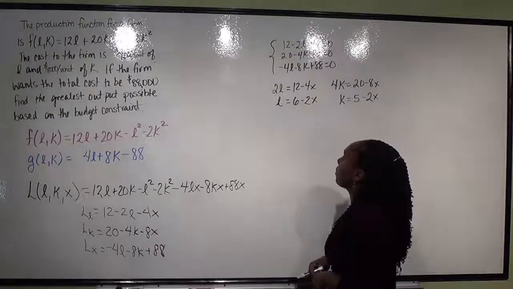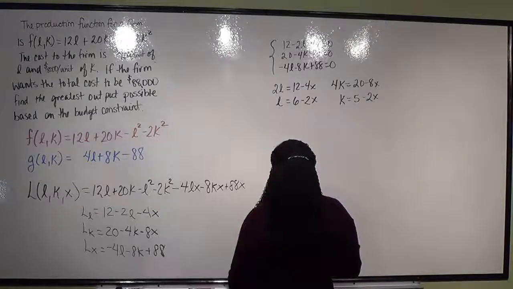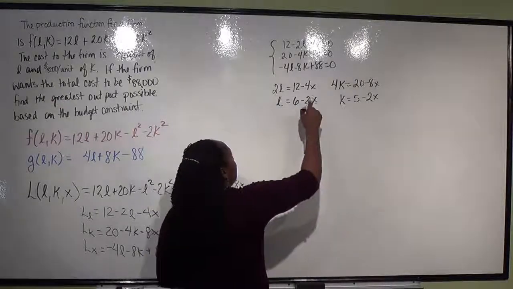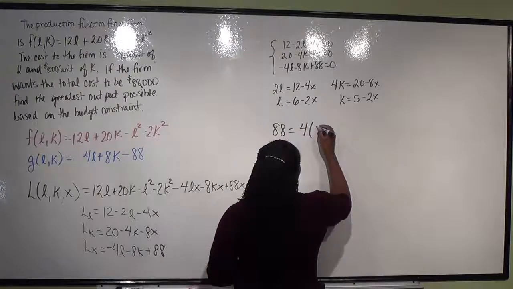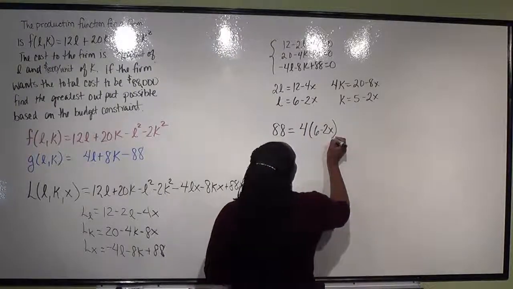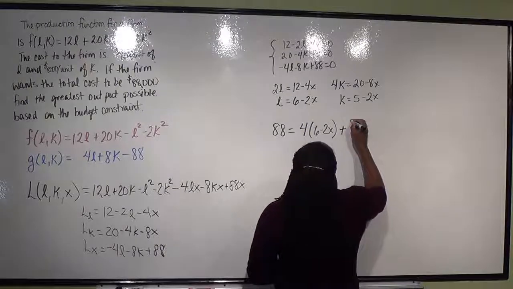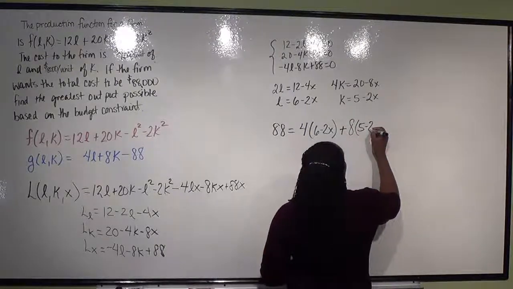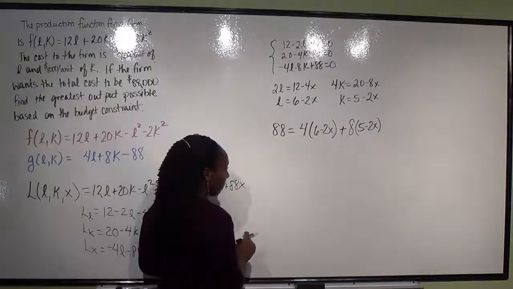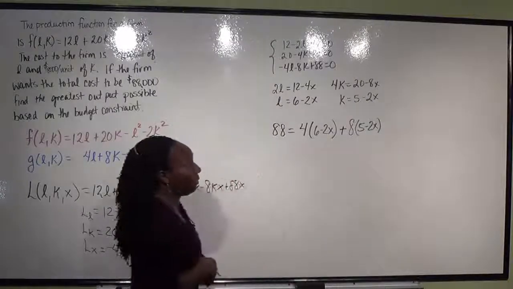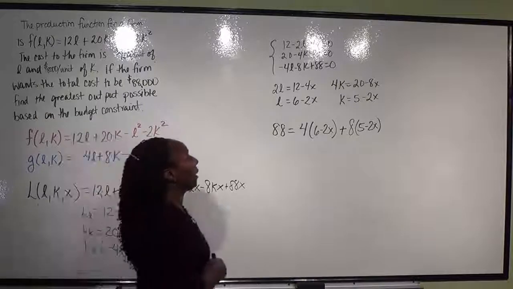So now, using those two and substituting into the last equation, I can see that 88 is going to equal 4 times (6 minus 2 lambda) plus 8 times (5 minus 2 lambda). Now I have one equation with one variable, so I can just solve for lambda.